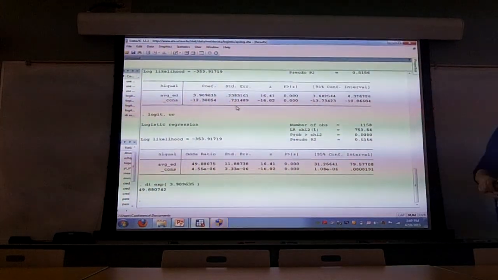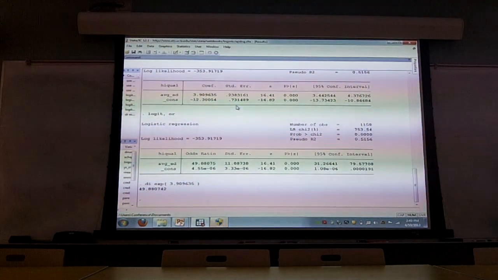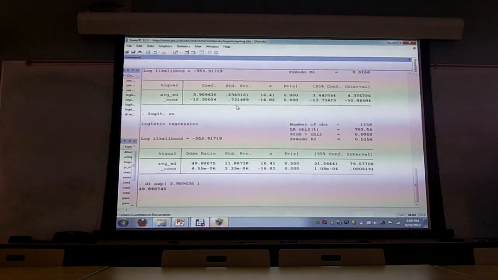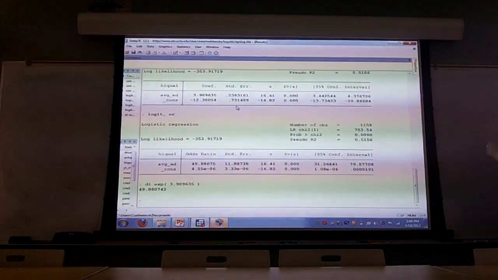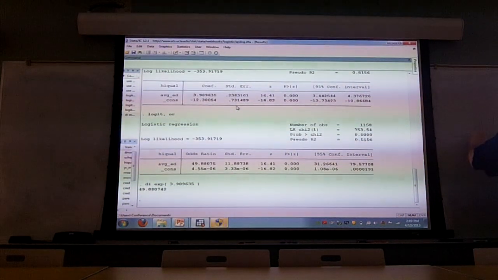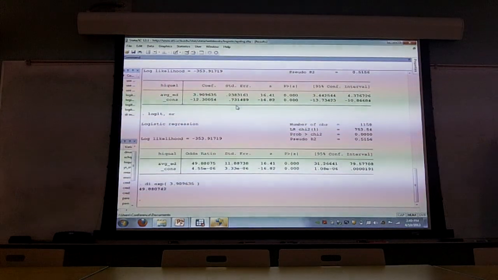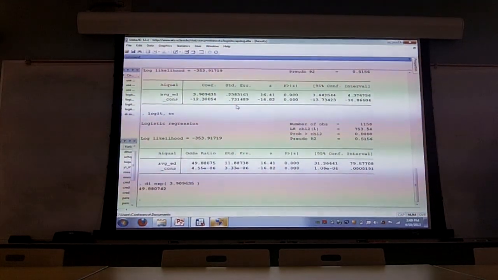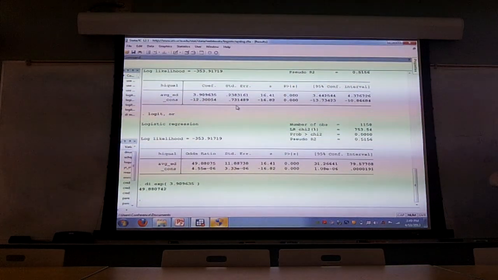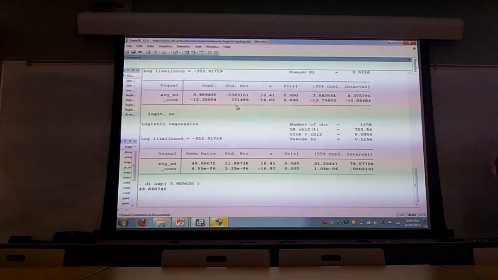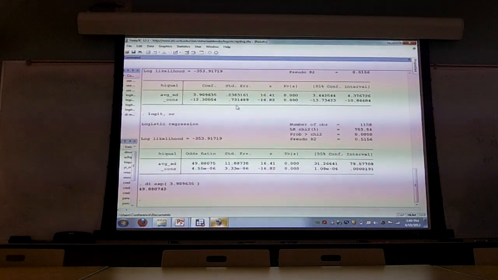The central limit theorem says we believe it would look something like this. Right? So really we would say like 3.9 plus or minus about 0.5 for our 95% confidence interval.